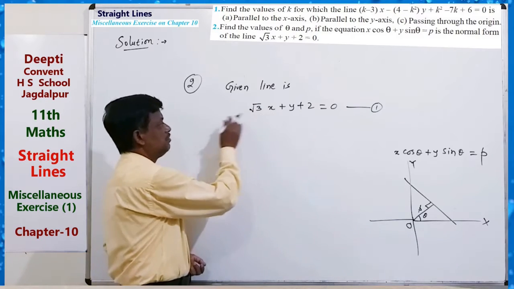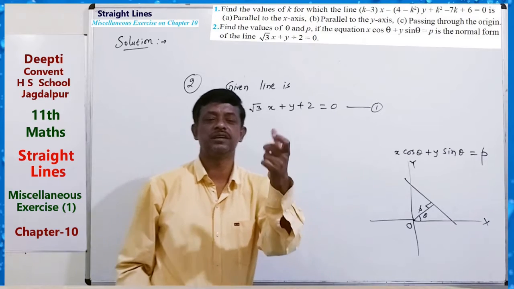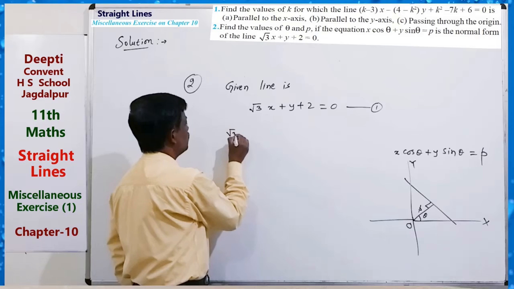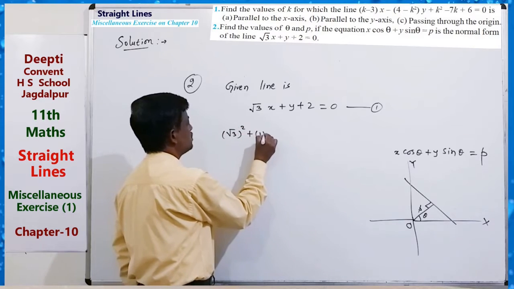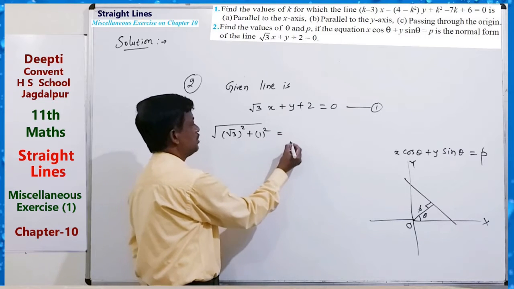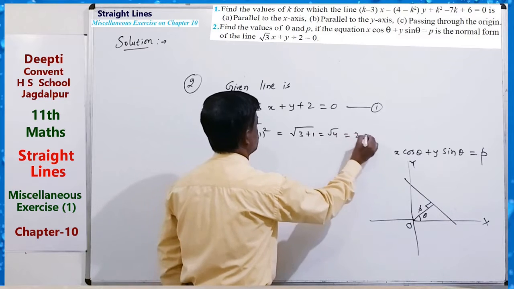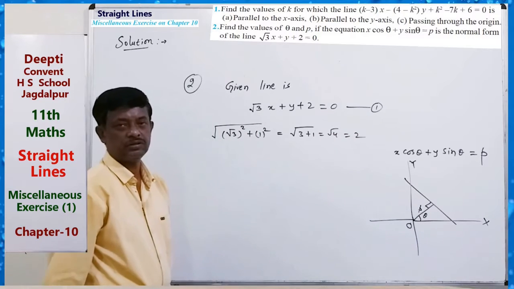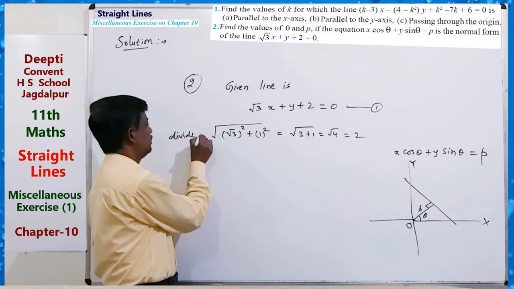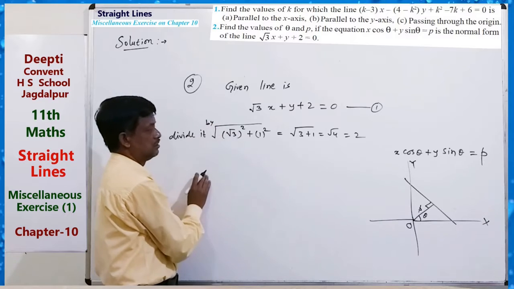The method is to divide by root over a square plus b square, where a and b are the coefficients of x and y. So divide by root of 3 square plus 1 square. Here root 3, here 1. This is equals to root of 3 plus 1, which is root 4, equals to 2. Divide it by this.